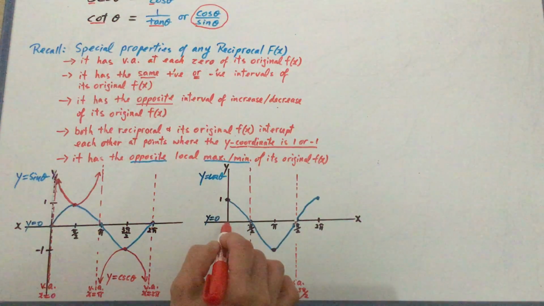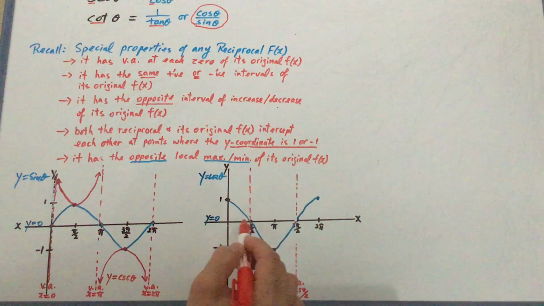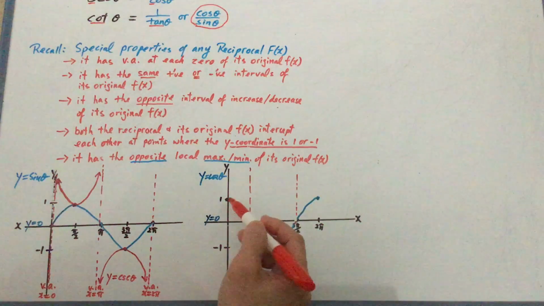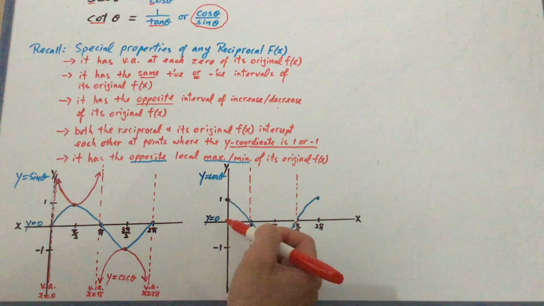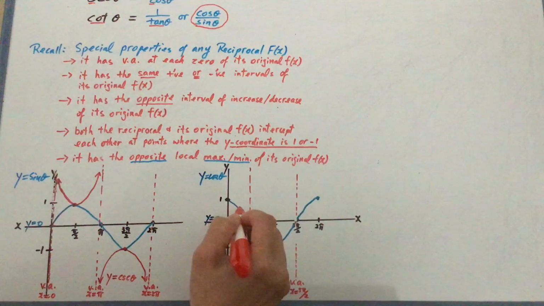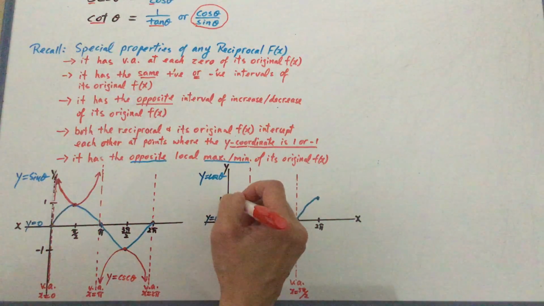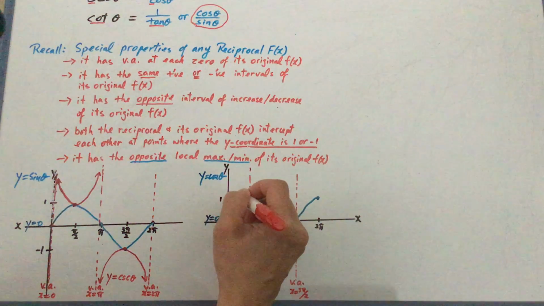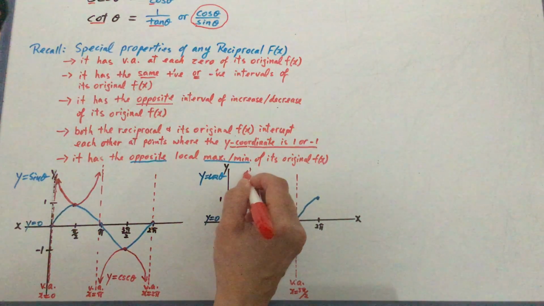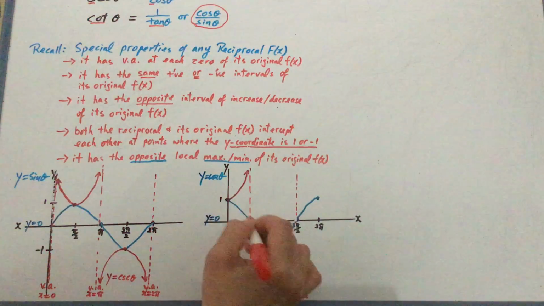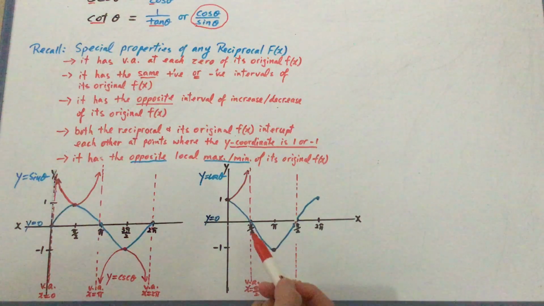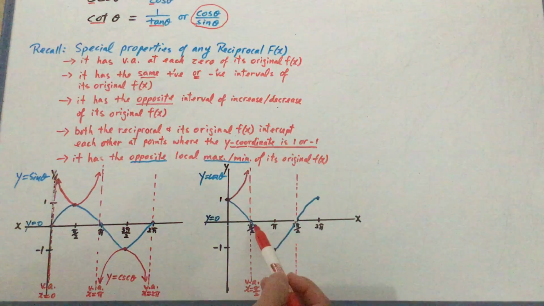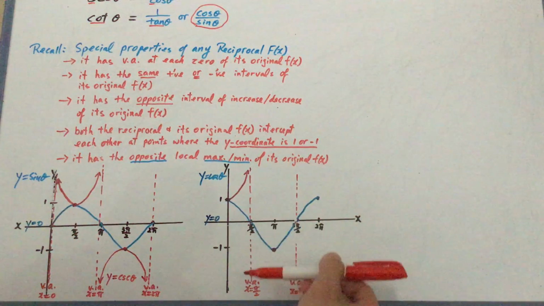So from 0 to pi over 2, the original cosine function is above the x-axis, so that means my reciprocal is also above. But this one has an interval of decrease, so I'm supposed to have an interval of increase, but intercept at this point here. So that means this is an interval of increase for this part. Okay? Now, between pi over 2 and pi, I have the negative interval, which is below the x-axis.